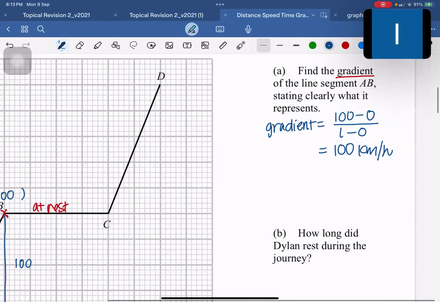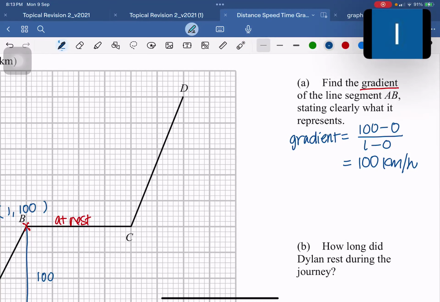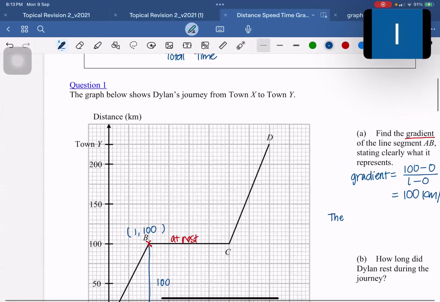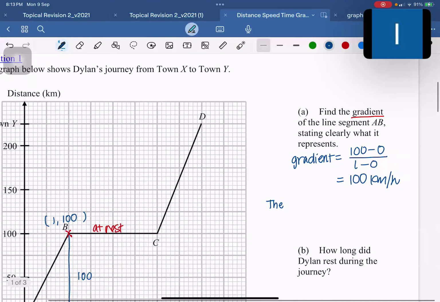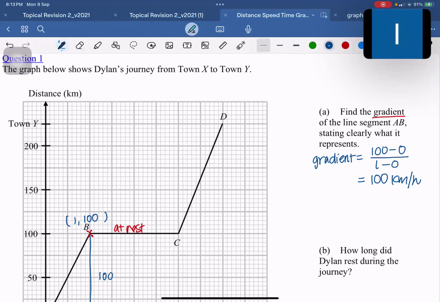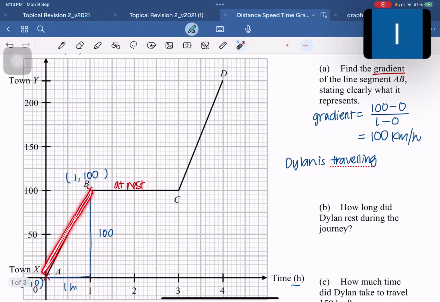So what does the gradient tell you? What does it represent? It means Dylan is traveling at, not the particle already, is Dylan. And just now you all said a straight line is what kind of speed? Constant acceleration is for the speed time graph.